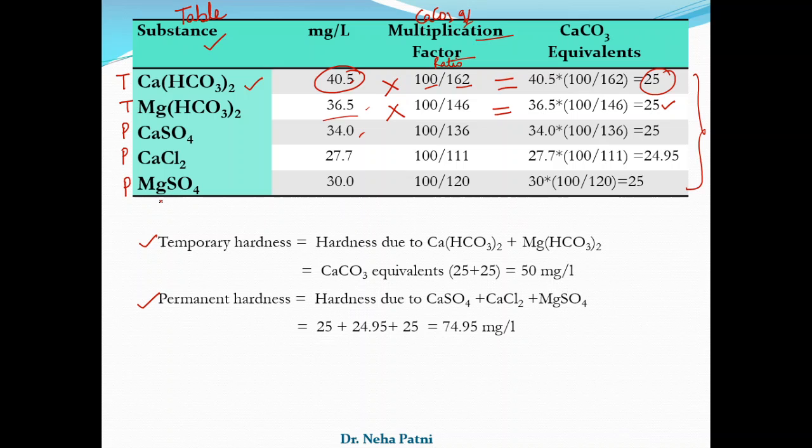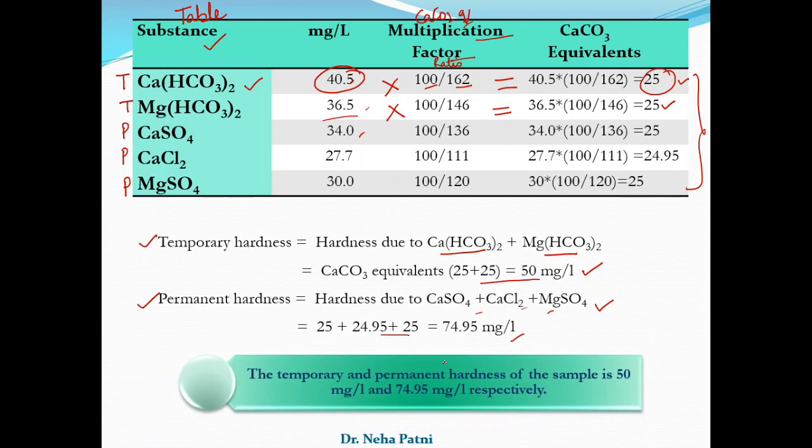So these three salts would render permanent hardness and these two salts would render temporary hardness. So you have to write hardness due to this and this, and then you can substitute the values of calcium carbonate equivalent and you get the final answer. Go ahead with the permanent hardness also. Since these three salts are present, substitute their value and then you can write the final answer, which is nothing but the temporary and permanent hardness of the sample.